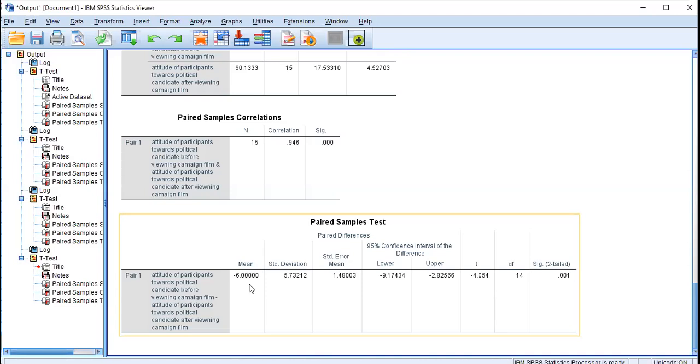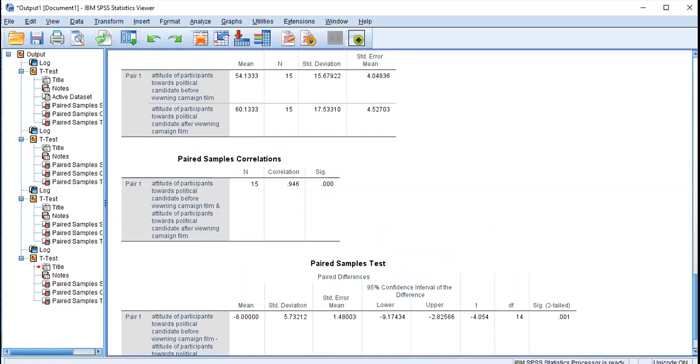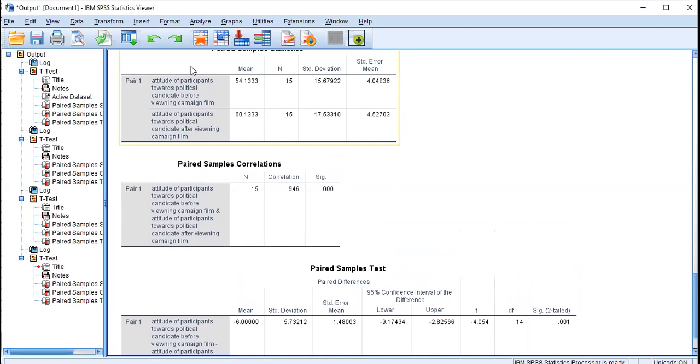Now, talking about the answer of part C, the T value is taken as minus 4.054. But we'll be just writing T is equal to 4.054. Why? Because the mean score before watching the campaign film was 54 something, after it was 60 point something.